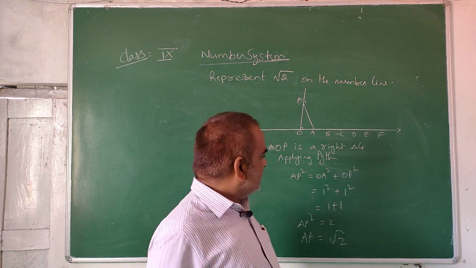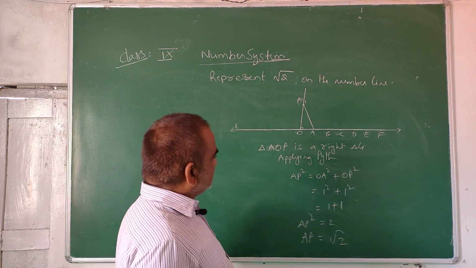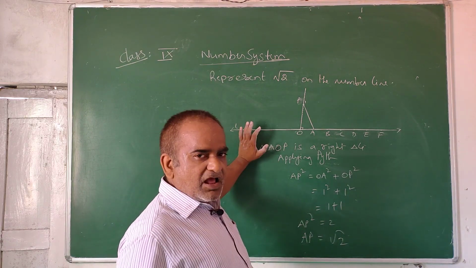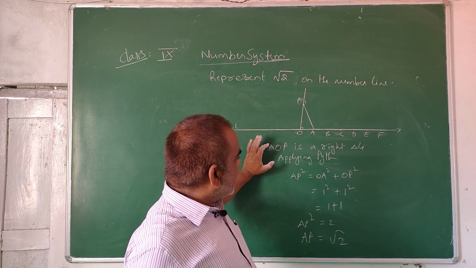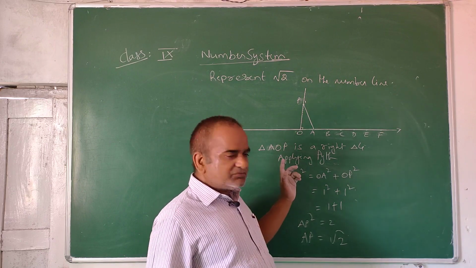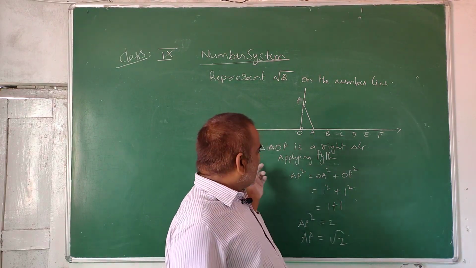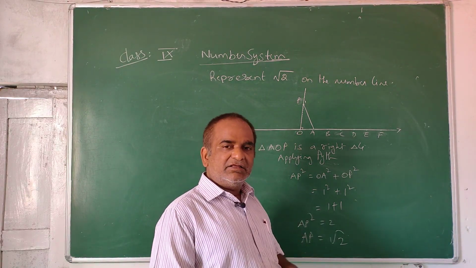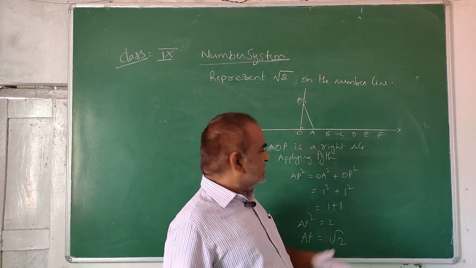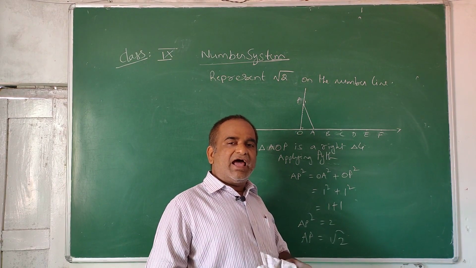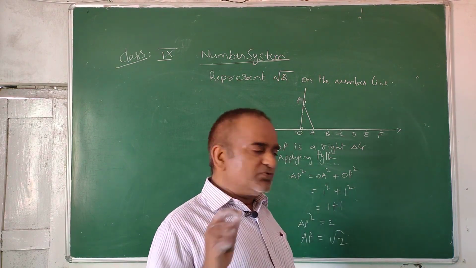Are you following? Now take O as center. Take O as center, AP as radius, and draw an arc. Draw an arc on the number line which cuts the number line at some point Q, you say.